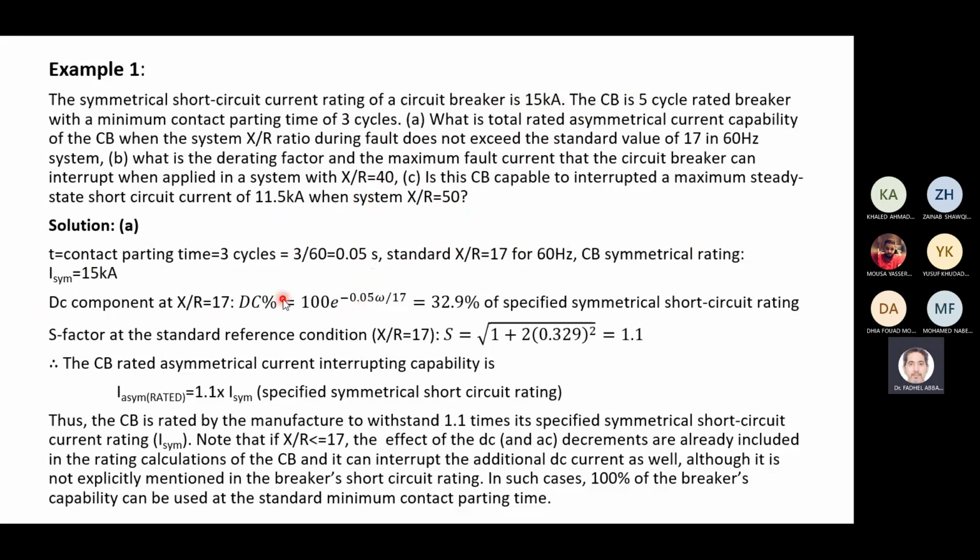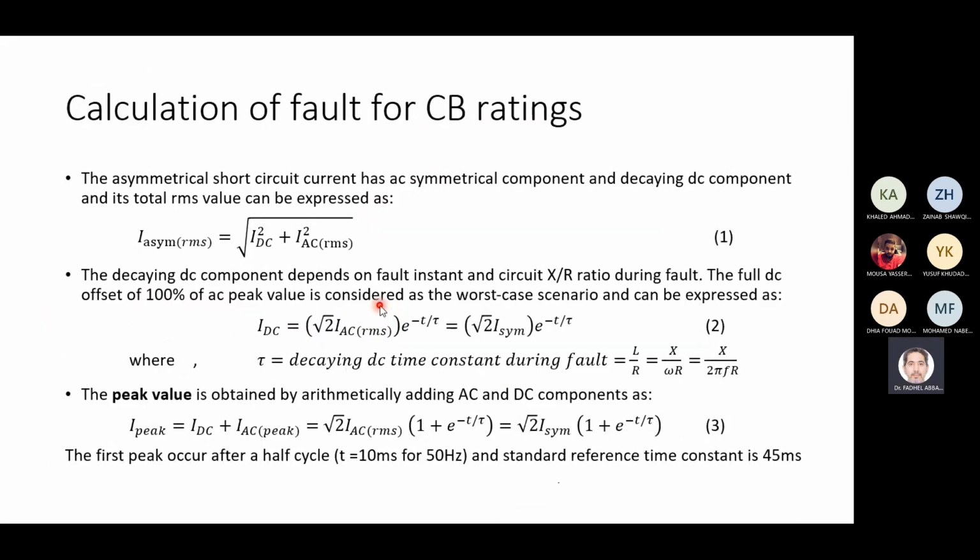This is at the standard value, so 0.05 over the time constant, or we can say 0.05 over 45 milliseconds. We used this law: L over R, meaning X over R over omega, and this is the tau. And the 0.05 is the contact parting time.